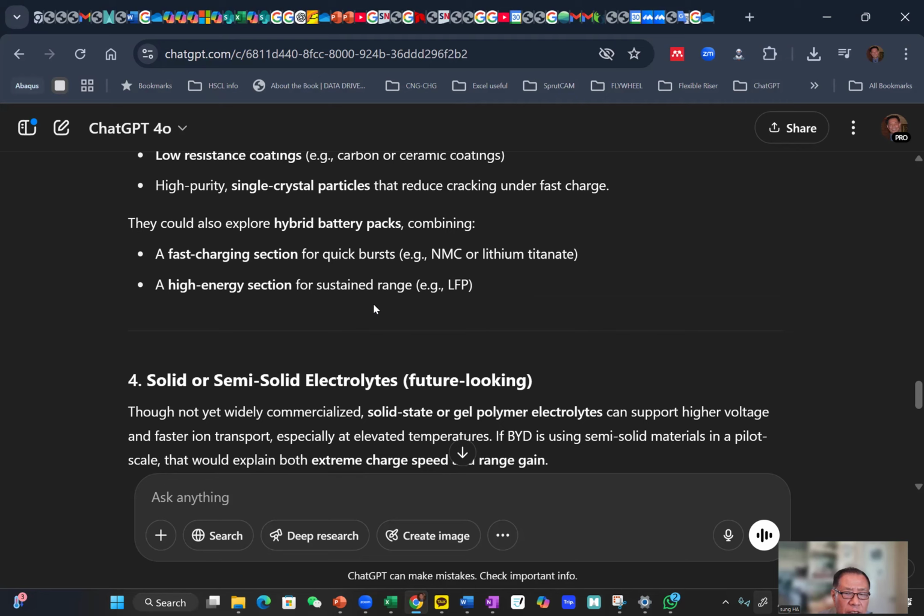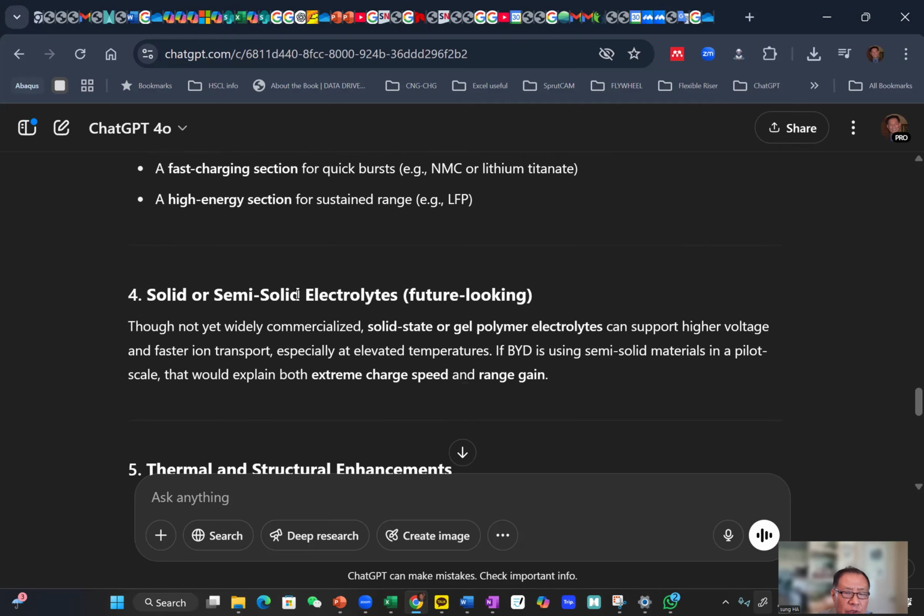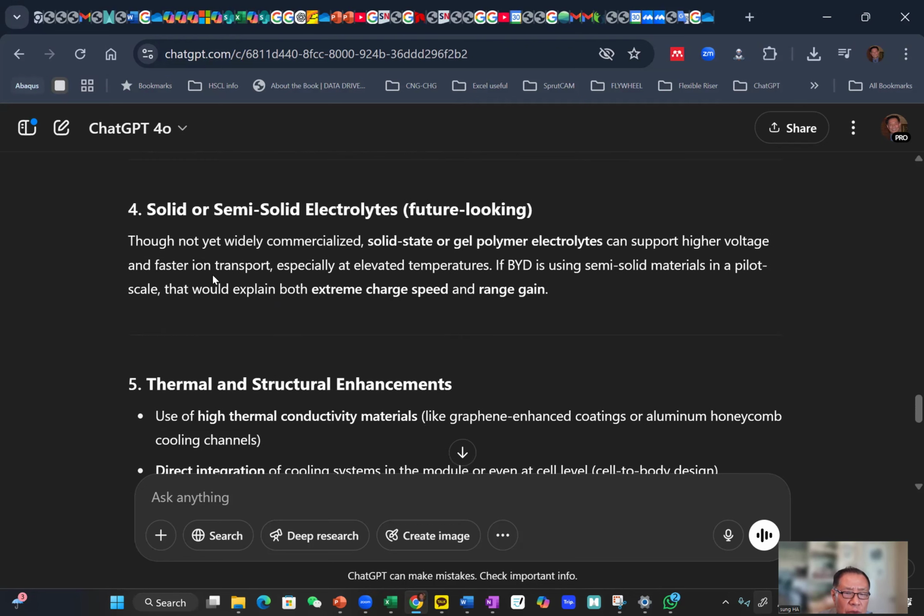Maybe a combination of NCM, NMC, nickel manganese. This is fast, high density, high charging, and high energy. What it means is that LFP is known as the high energy section, and NMC is known as fast charging. So they combine two technologies.